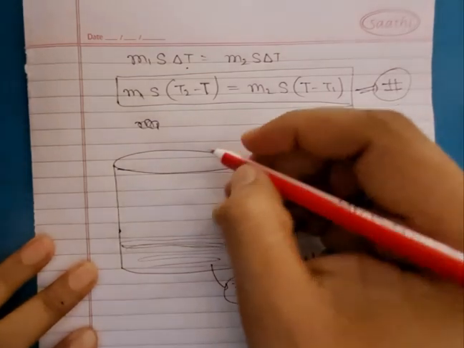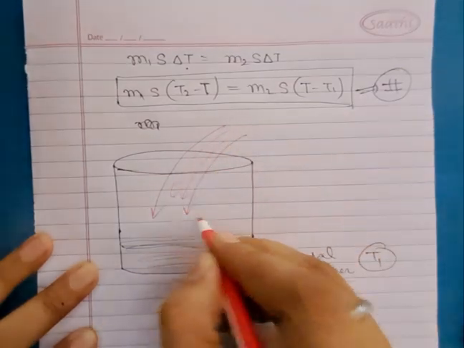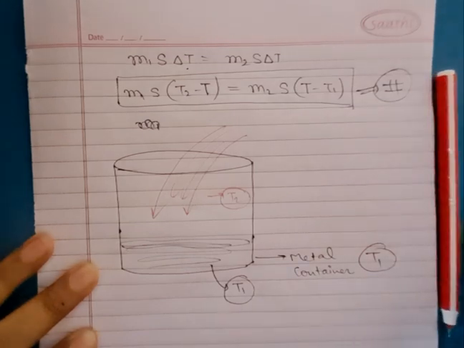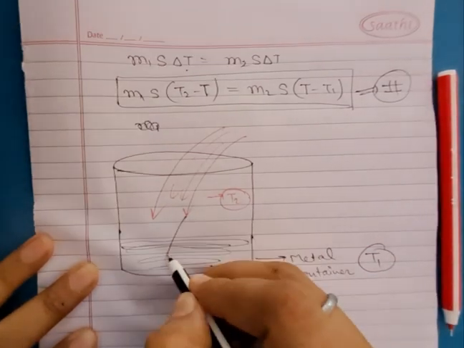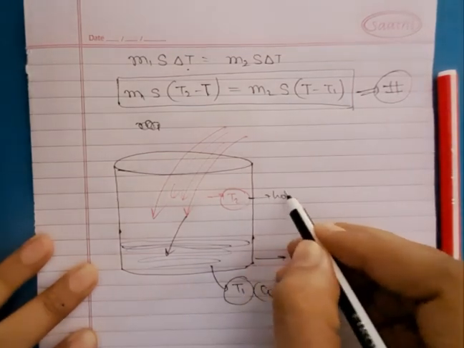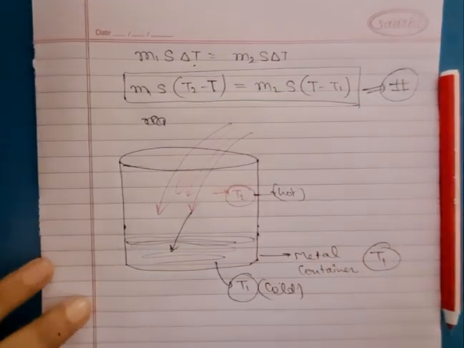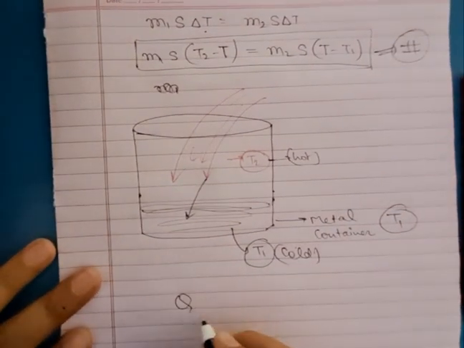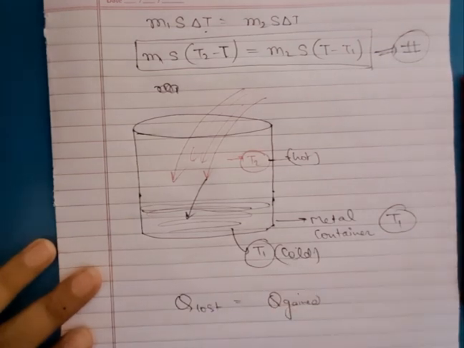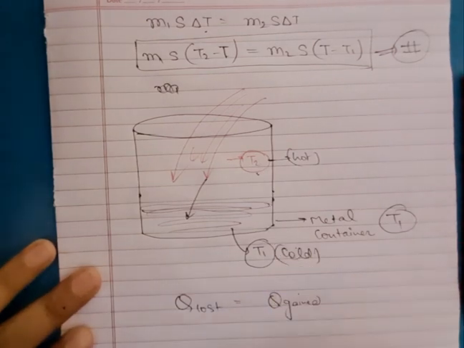Now some extra hot water at T2 is getting mixed. Some of the energy will be gained by this cold water, and some of the energy will be gained by this container also. So in such a case, Q lost is equal to Q gained. So who is losing the heat? That is the hot water at temperature T2.